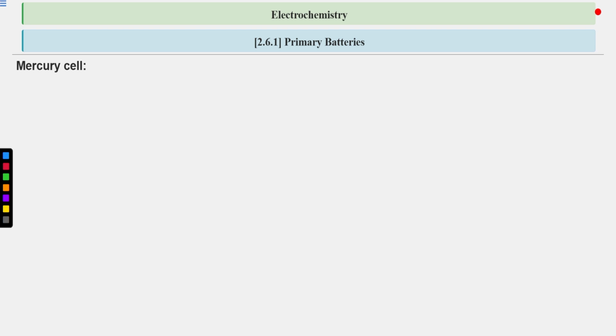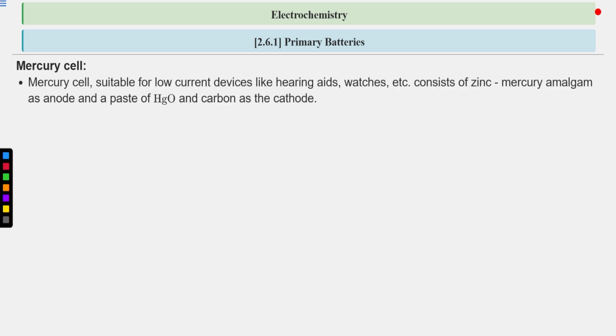Okay, now let's talk about another cell, which is the mercury cell. Mercury cell is suitable for low current devices like hearing aids, watches, etc., which consists of zinc mercury amalgam as anode, and a paste of mercury oxide and carbon as cathode.